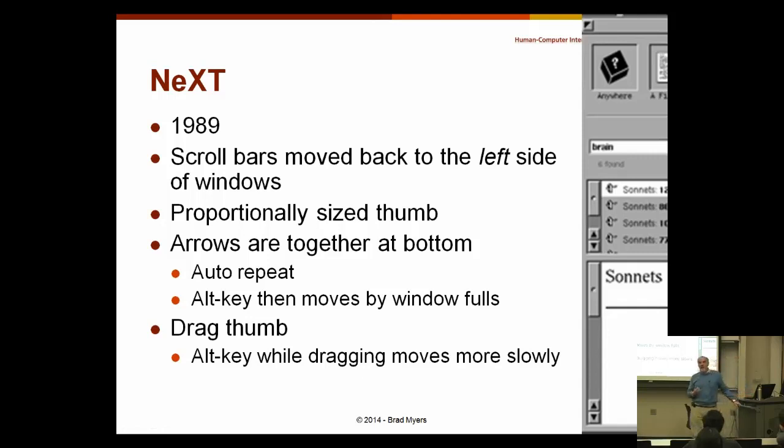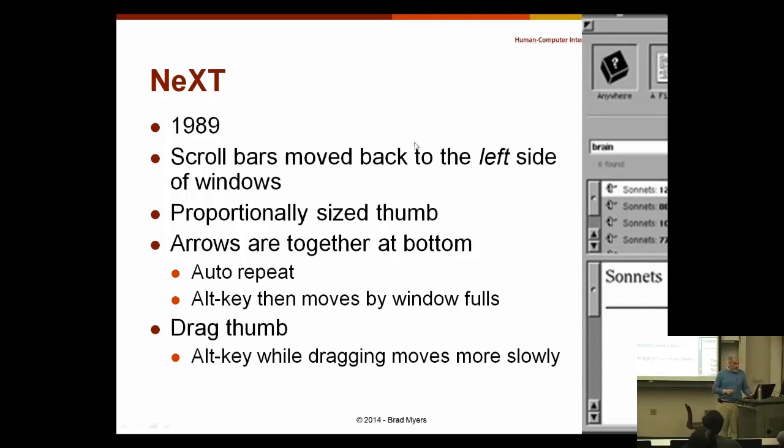So one of the problems if you're in a great big document, which happens to me all the time when I'm looking at movies, is that I want to go back by a very small amount, and even 1 pixel is too much of the document. And so to avoid that, they let you use the Alt key while you're dragging this, and it would basically ratchet it down so you could have a lot more control.